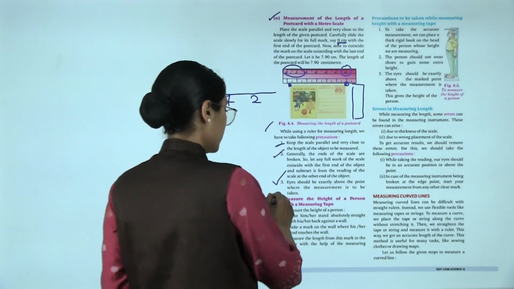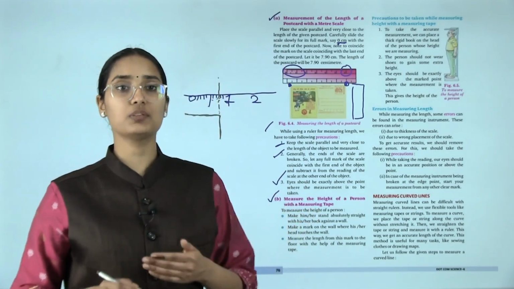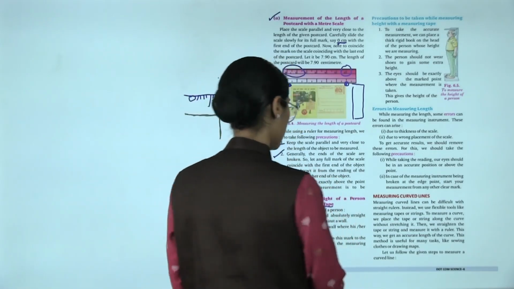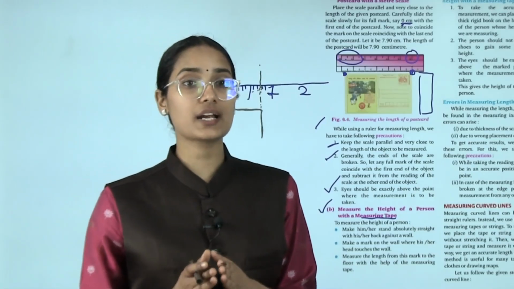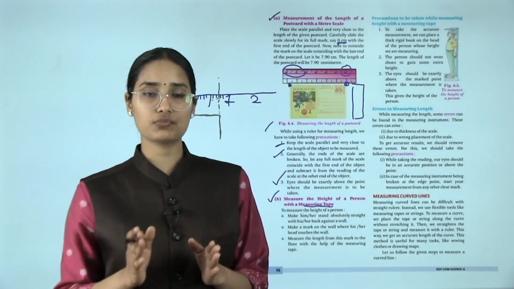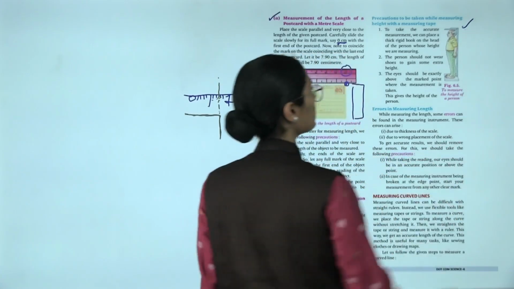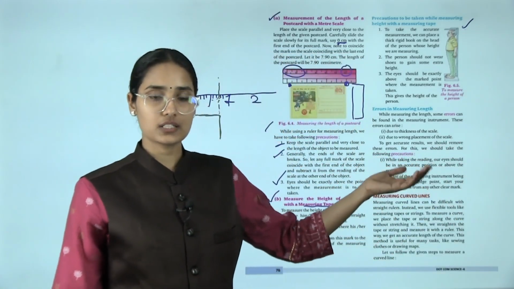Now measure the height of a person with a measuring tape, right. Now we will understand how measuring tapes are used. To measure the height of a person, make him or her stand absolutely straight with his or her back against a wall, okay. So this is how you have to make a person stand against the wall, okay.